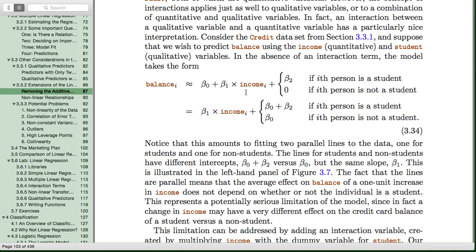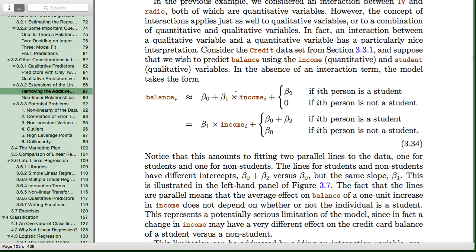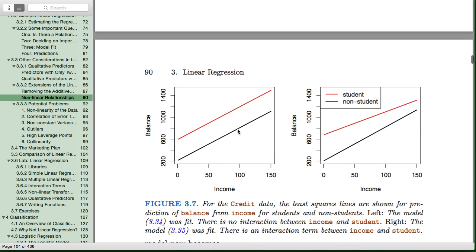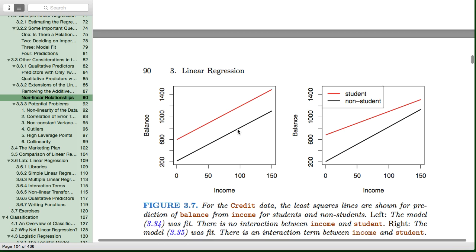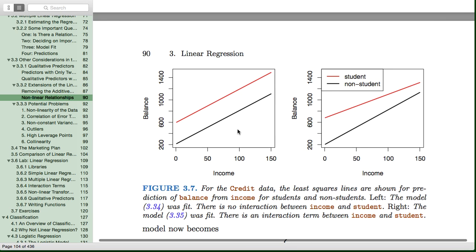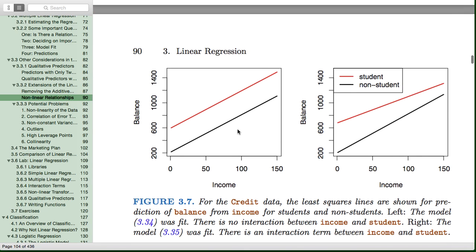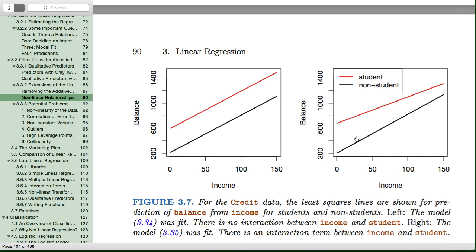Okay, and then here's another example. This is with the credit card data. If we include income, this is an example where we can see some nice graphical evidence. In the case of the credit card data, the slope is different.